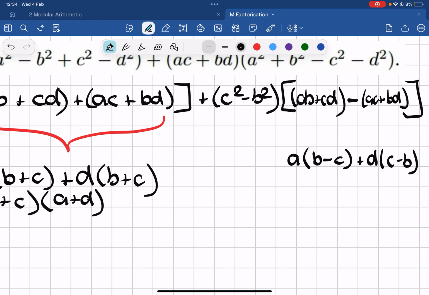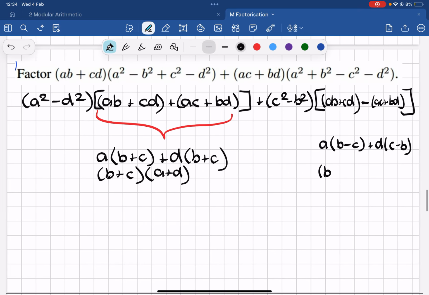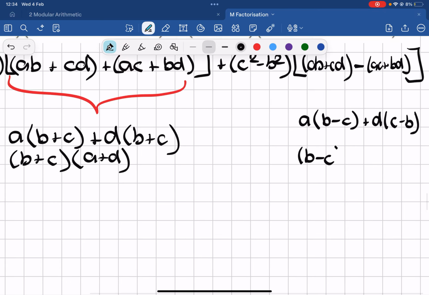And then b minus c and c minus b, again, are just times -1 of each other. So if we take out b minus c, we've got b minus c, and if you factorize b minus c from the first term, we have a. Second term, we have minus d.